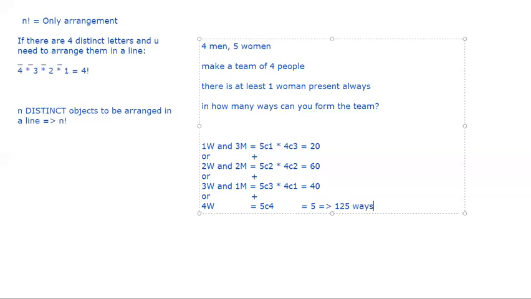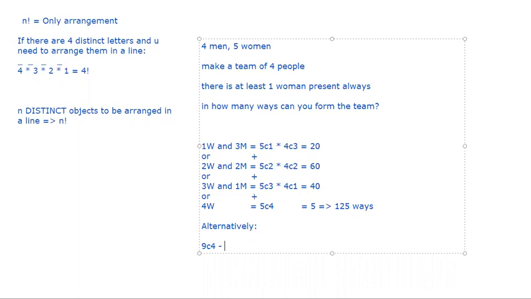Alternately, instead of doing so much, you need at least one woman, fine. Just make a team. For 9 people, without any restrictions, just do 9C4. Now, what is the problem? In some of the teams, you will have only men, because you needed 4 people and there is a case of 4 men being a part of the team.